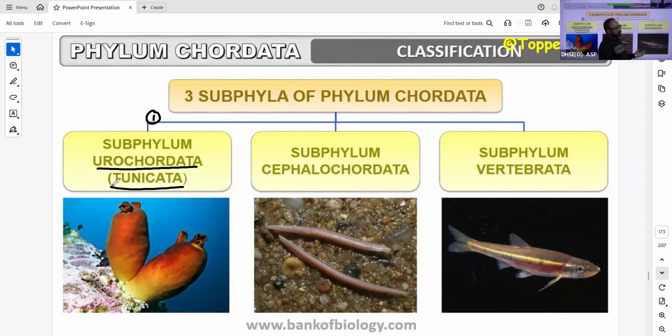When we hear the word chordate, we imagine a certain organism or compare. So these Tunicata or the Urochordates are basically very different from the other chordates. Clear? Okay. We'll see how they are different when we go into them.